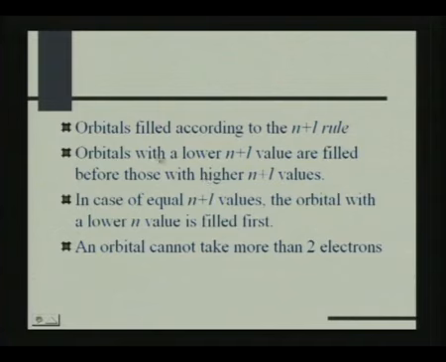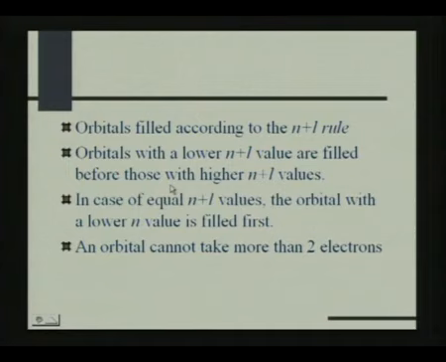But what happens when two orbitals have the same n plus l value? Can't you think of such cases? If you take the case of 5s and 4p orbitals, for 5s, n is 5 and l is 0, so 5 plus 0 is equal to 5.